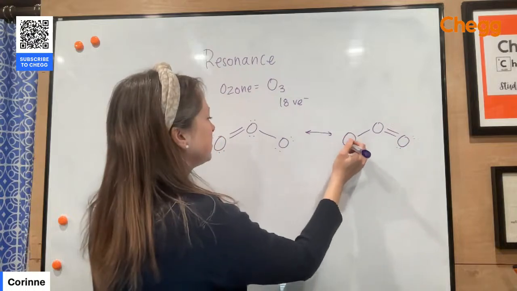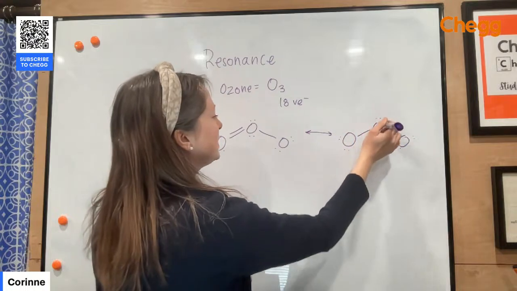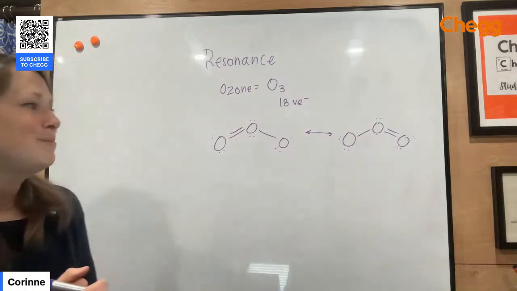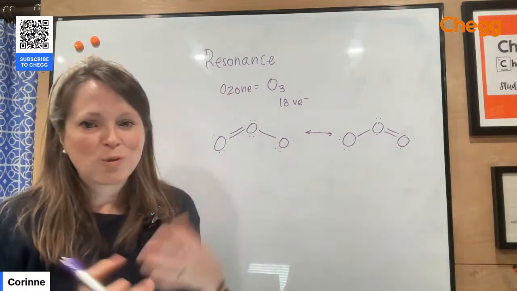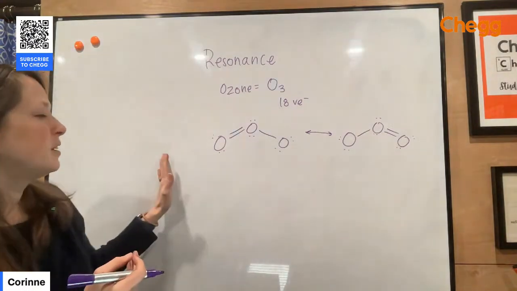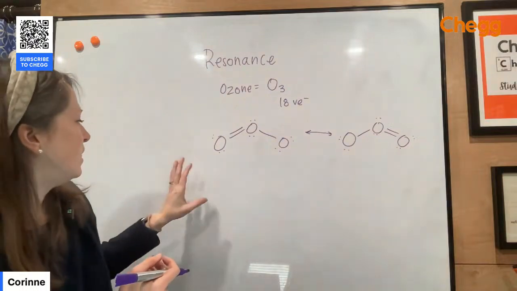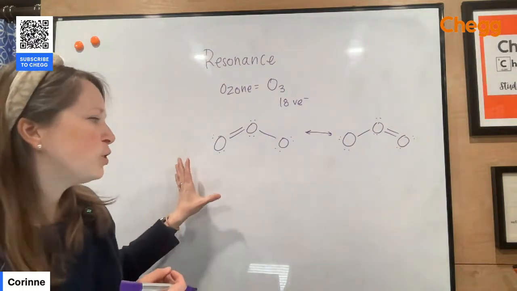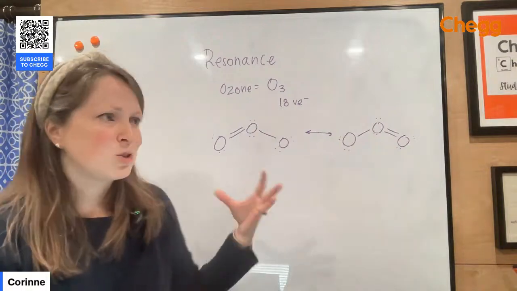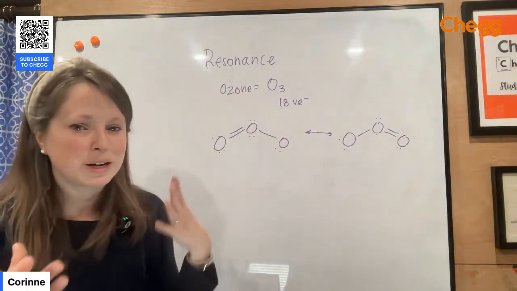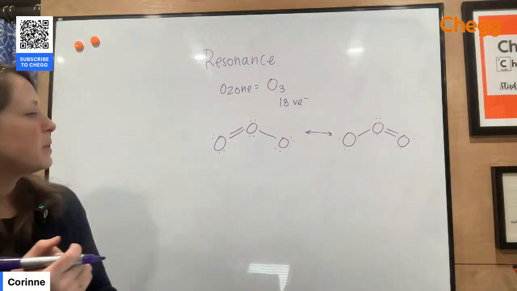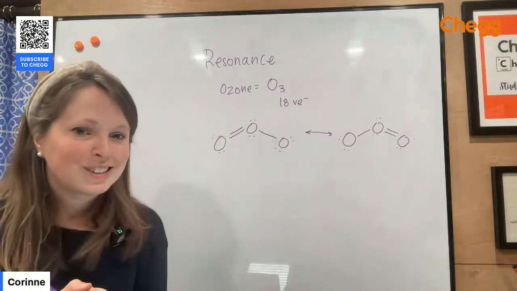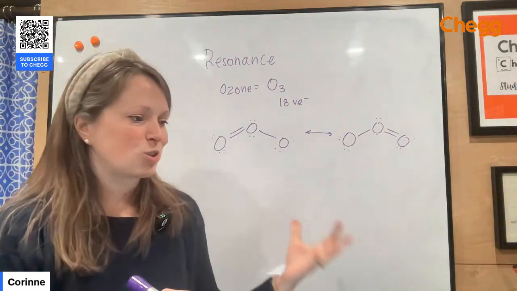This is not the best example because this double bond is just going to keep moving back and forth. But sometimes we'll have structures where, let's say I have carbon on one side, sulfur, and nitrogen on the other, and I'm trying to figure out whether I have triple bonds or double bonds or single bonds. What you then have to do with resonance is use formal charge to figure out which structure is preferred.